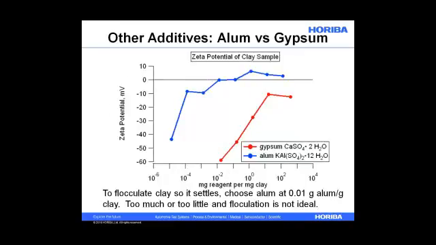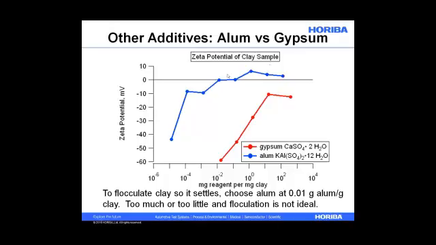Let's do something trivalent: alum. This is a potassium aluminum sulfate. I mentioned pure aluminum sulfate before, but this is what I have here, potassium aluminum sulfate, so that's what we used. You notice that the blue with the alum is shifted far to the left. As I start adding the alum to the clay, it has a very strong effect, and even a tiny amount of trivalent aluminum gets the zeta potential up to 0.